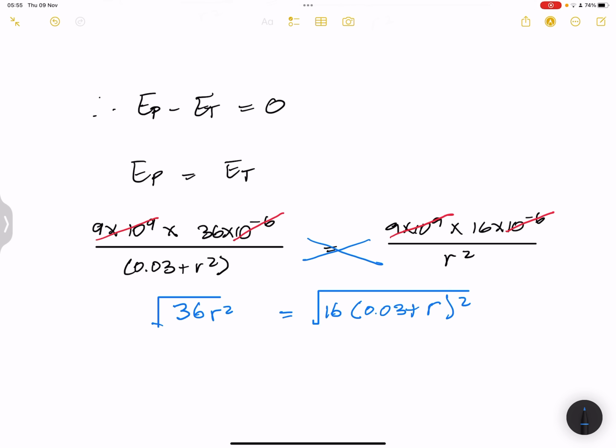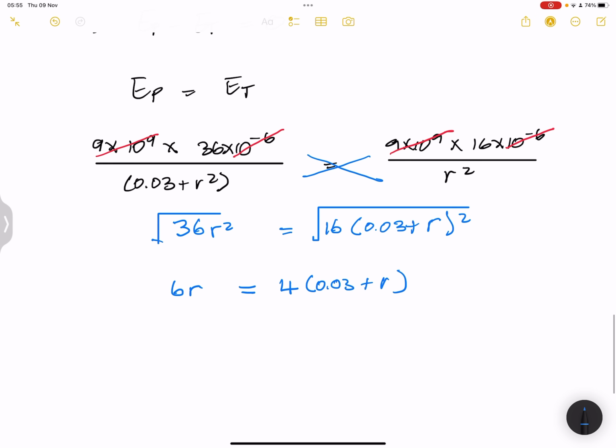The square root of 36 is 6, so I'm going to have 6R. I'm not going to bother with plus or minus because, of course, we cannot have a negative distance there. So 6R would be equal to 4 into 0.03 plus R.